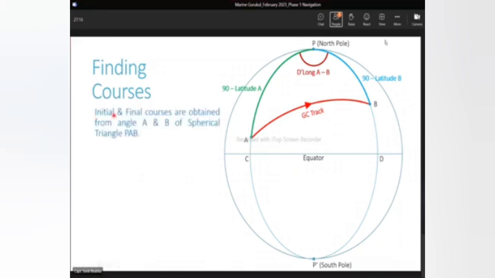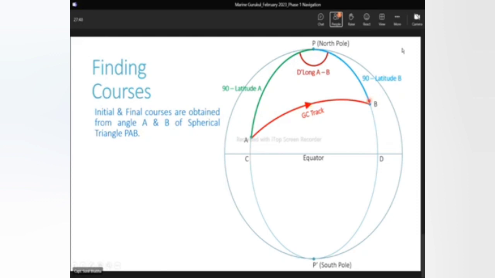Now, to find the initial and final courses, we need to calculate angle A and angle B of the spherical triangle PAB. So we have this PAB triangle, a spherical triangle. We have already found the missing side, the unknown side of this particular triangle, that was side AB.